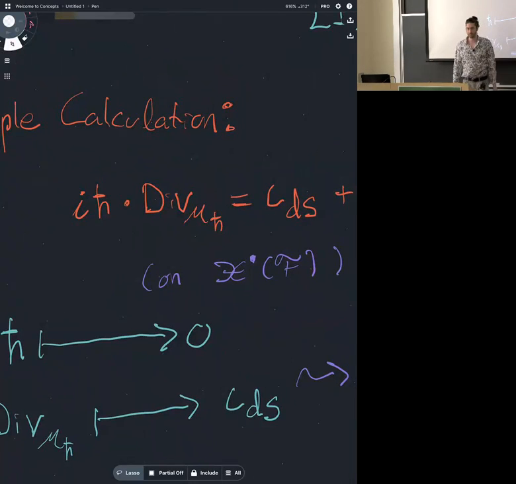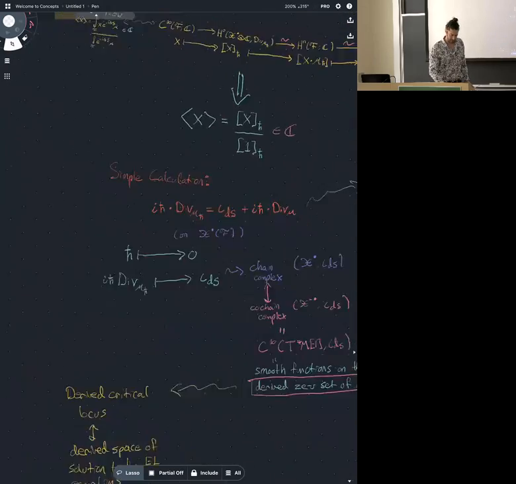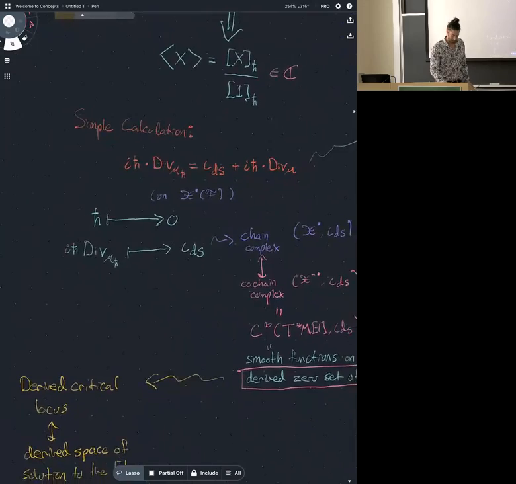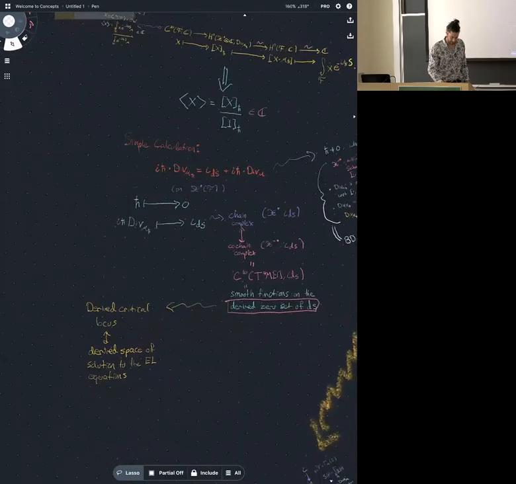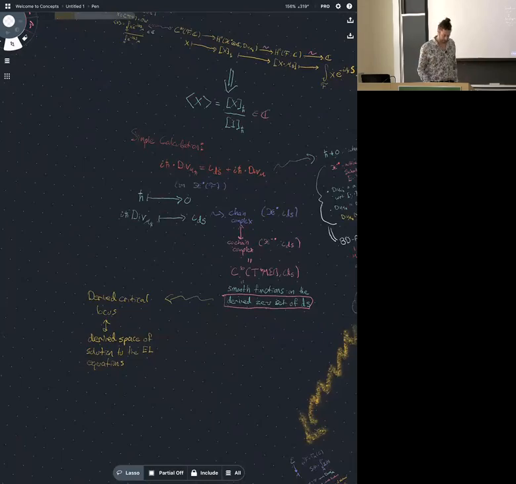The expectation value, e to the minus i over h bar. If you had nice regularity of the function, then it's going to localize to the critical locus. Then it's continuous, and then I think it will be smooth. I don't want to make a statement without thinking, but yeah.